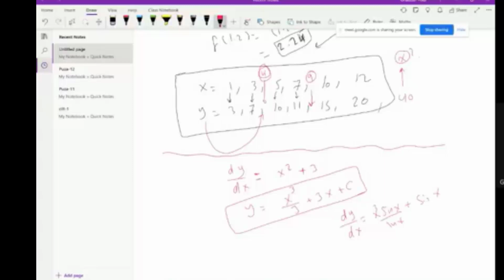It's difficult to solve analytically like this. If it is difficult to solve an equation by analytical method, you need to use what?